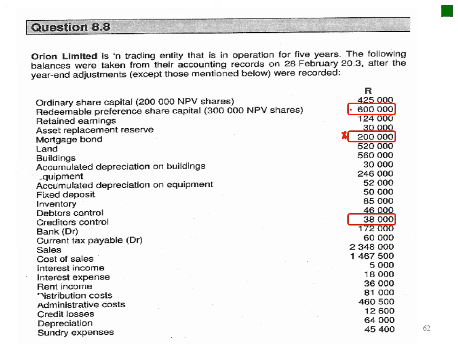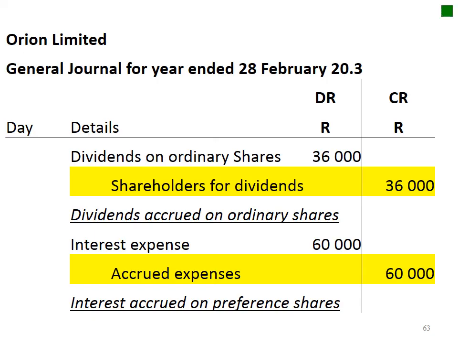The redeemable preference share capital amount here we put under long-term liabilities, because they've told us this is only going to start being repaid in 2008. The creditors' control amount is 38,000, but in the question we also had to add to that the amount for the dividends on the preference shares that still needed to be paid.